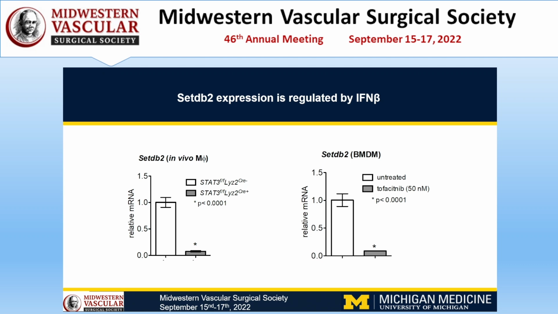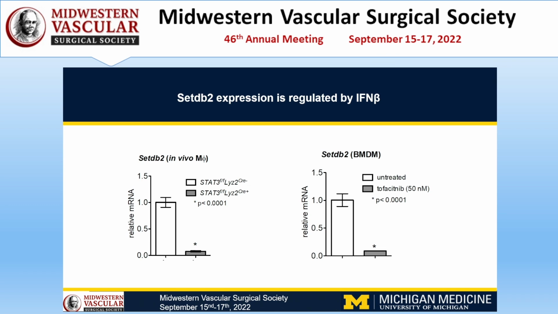To interrogate the interferon beta pathway further, we used several approaches. We used genetic deletions or loss-of-function mouse models, as well as pharmacologic inhibitors. The plot on the left here shows that when you deplete STAT3, specifically in macrophages in a mouse model, they have decreased SETDB2 expression in macrophages.